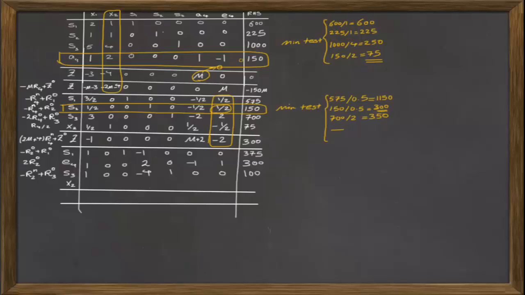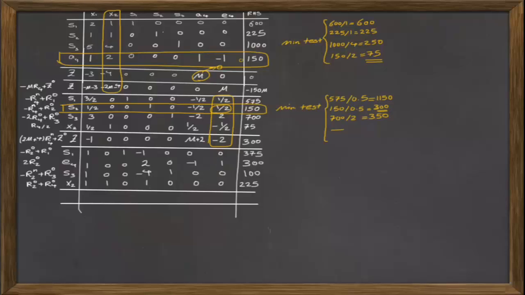Now, since this one is -1/2 and our pivot row has 1/2, by implementing this step, we're going to get the new fourth row, which gives us a value of 1 for E4, and all the other values are 0 in this column.